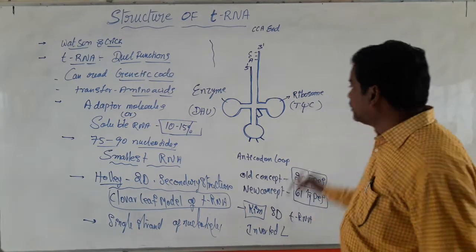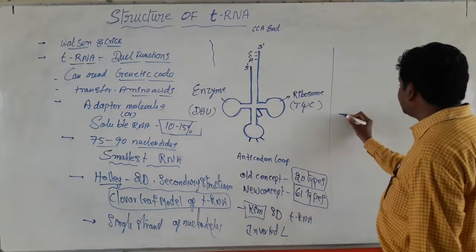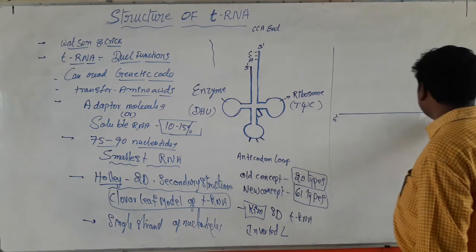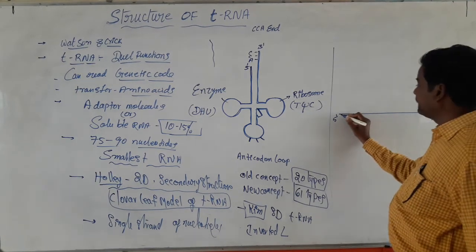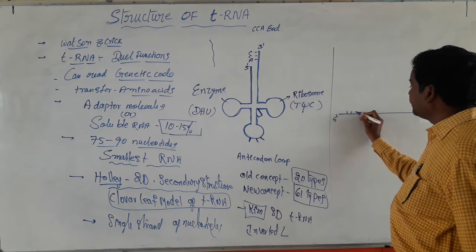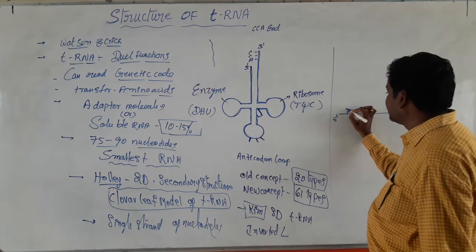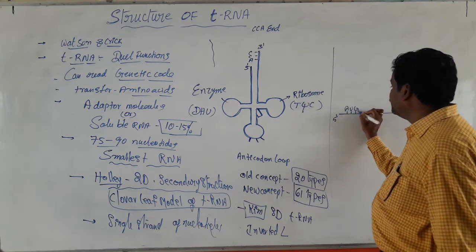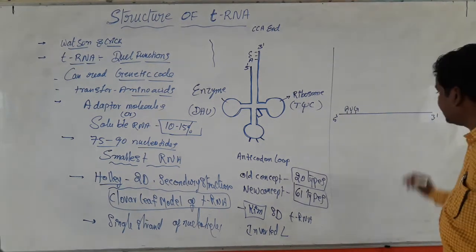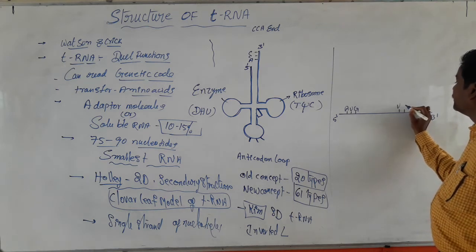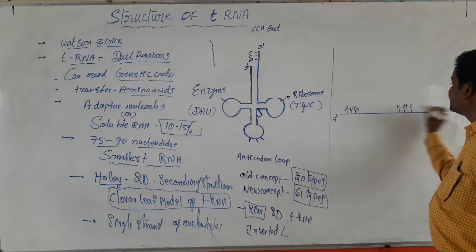Students, for example, this is mRNA, with a 5' region and a 3' region. This is the first codon, the starting codon, that is AUG, and this is another codon, for example UAC.